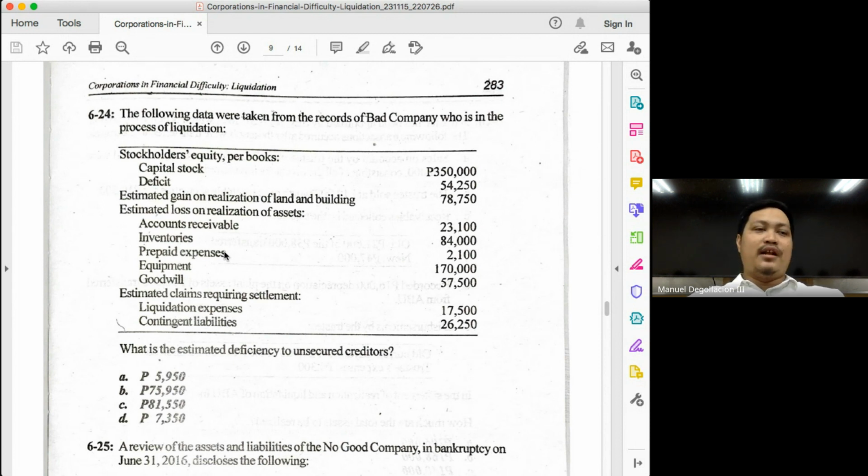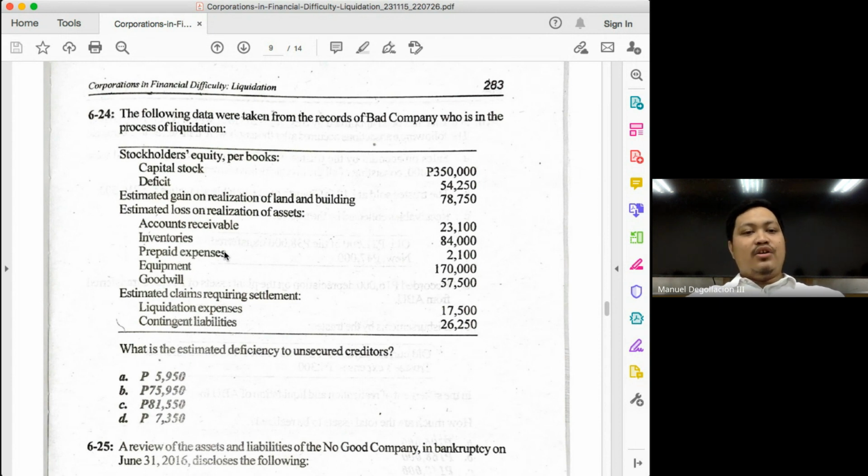So be careful, class. You would get it wrong if you start with positive 54,250 and then add 78,750. Begin with negative 54,250. Okay, I hope you understand why we have to do that. Again, the amount there is a deficit.